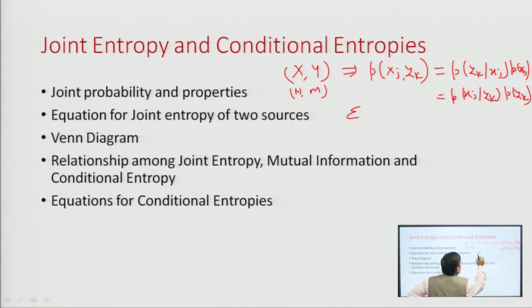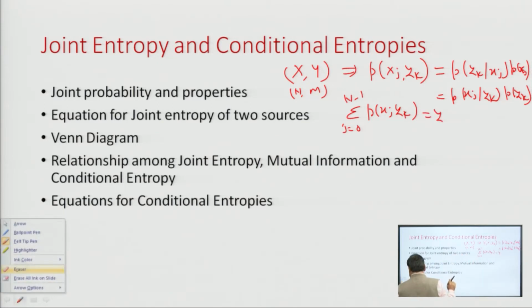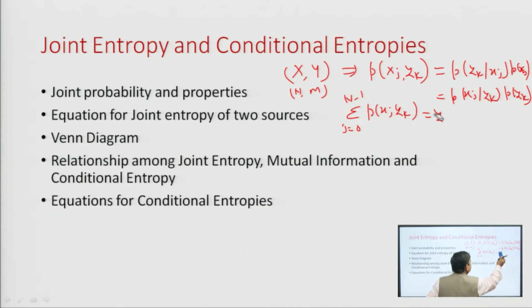We have also discussed that the summation of the joint probability p(x_j, y_k) over j equals p(y_k), while the summation of p(x_j, y_k) over k from 0 to m minus 1 is p(x_j).